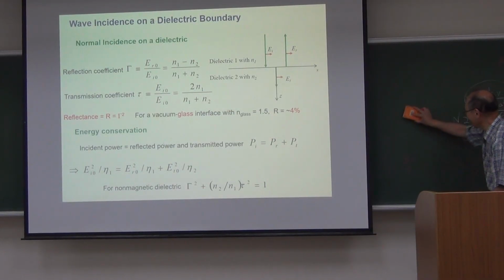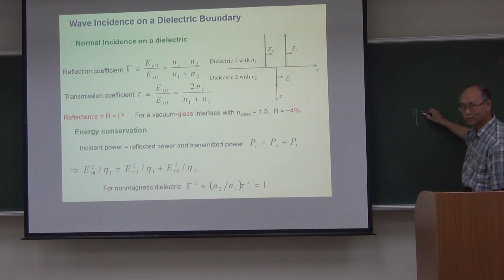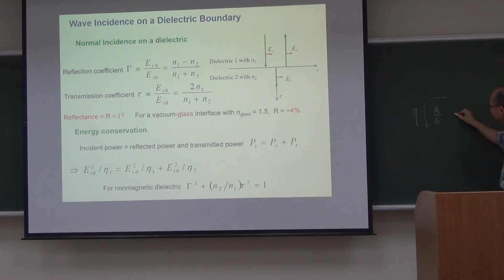One thing you need to remember from electromagnetic theory: eta is the wave impedance, equal to the square root of mu over epsilon. This is equal to eta 0, the square root of vacuum permeability over vacuum permittivity, multiplied by 1 over the square root of epsilon r, and this is equal to 1 over the refractive index.